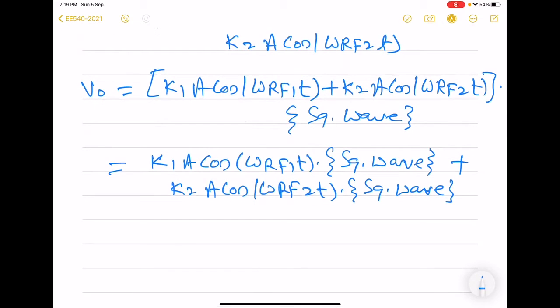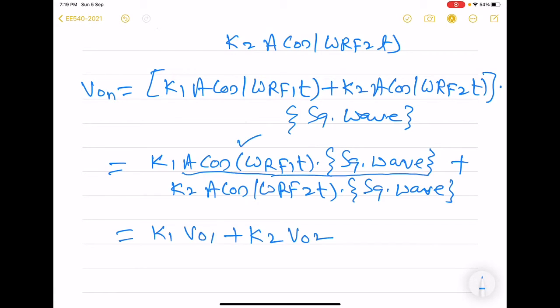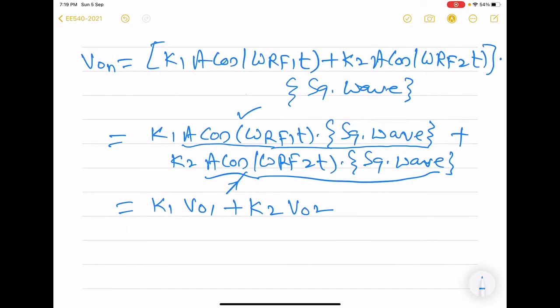So this clearly says that this new output is K1 into VO1 plus K2 into VO2. So VO1 is this one, which we would have got for this input. VO2 is this output, which you would have got for this input. So here we see that linearity is valid.